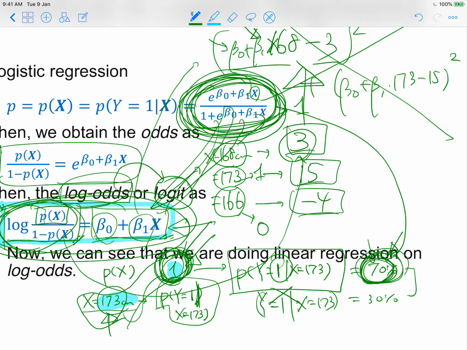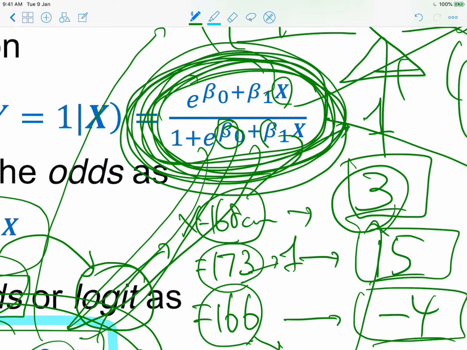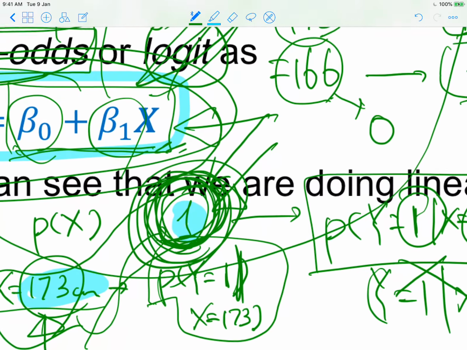Suppose the current parameter values give this guy only 65%, when x is 173 and we observe this actual data item that we collected as 173 and 1.